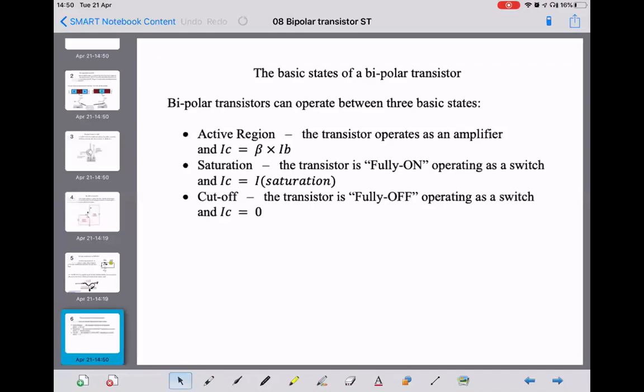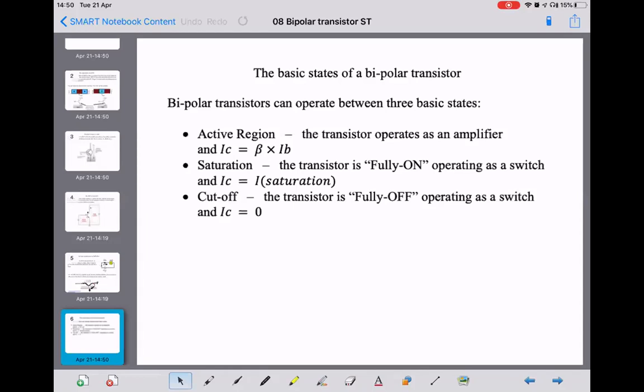So this transistor then can be in three different states depending on what you're trying to do with it. The three basic states are that you can have an active region. That's where you'll have the transistor operating in a state where it can adjust the current IC up and down according to how much current you pass into the base.